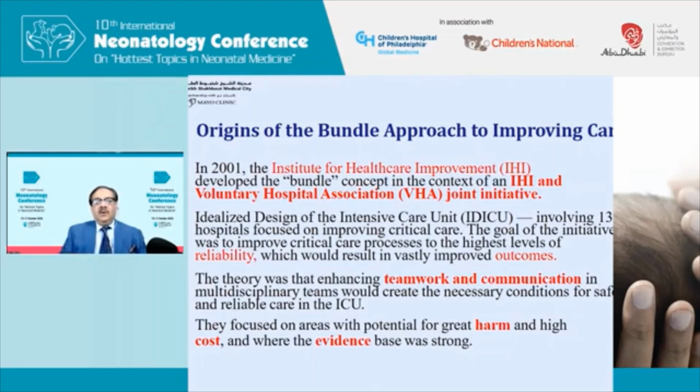They involved 13 hospitals, and the goal of the initiative was to improve the reliability of critical care, and then they measured the outcome. The theory was that enhancing teamwork and communication, and focusing on the areas of potential for great harm and high cost, where the evidence base was strong. As in the old Hippocratic Oath, first do no harm. So everything is based on that.